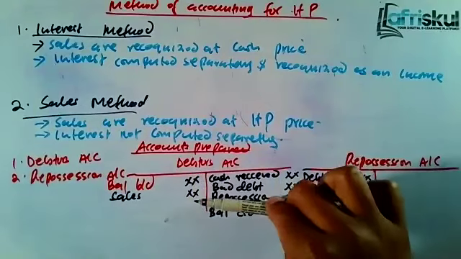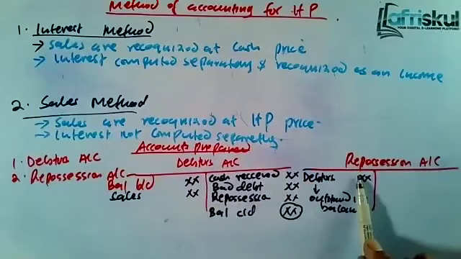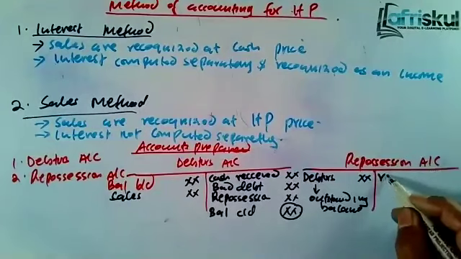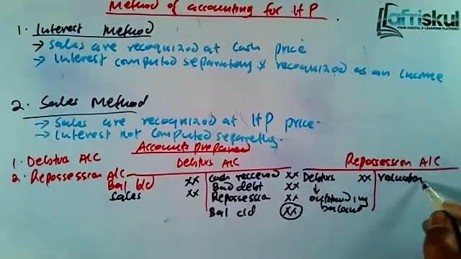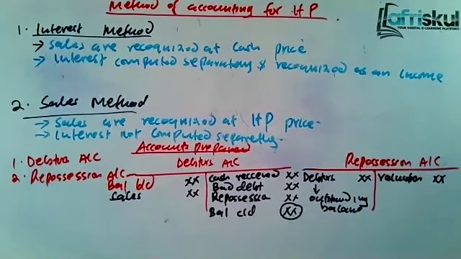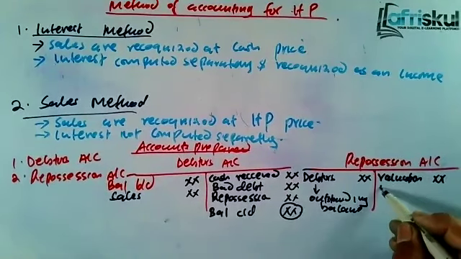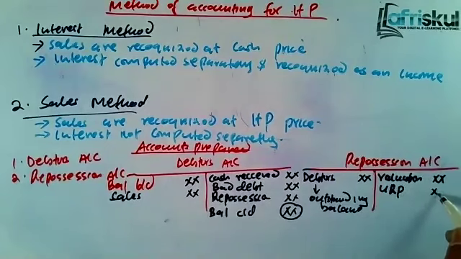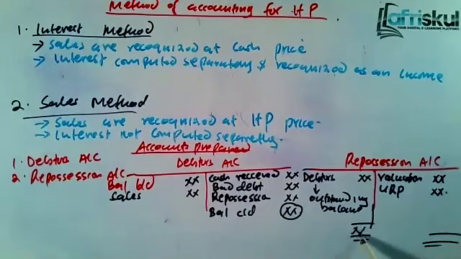Then you take the asset back to the stock at a valuation. You revalue that item, and after you revalue, you can also provide for what we call provision for unrealized profit. And then from there, you can close the account.